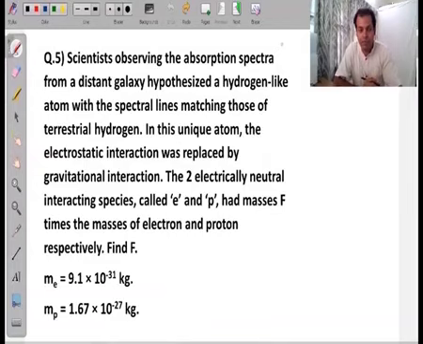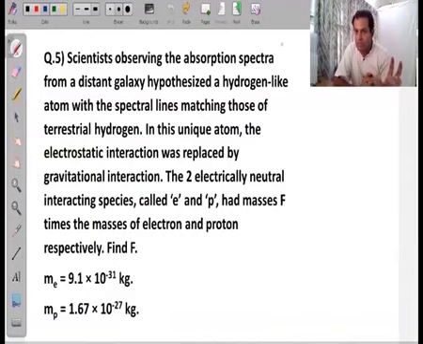Let us see. In this unique atom, the electrostatic interaction was replaced by gravitational interaction. In a hydrogen atom, you have the electron and the proton interacting with each other with electrostatic forces or electrostatic potential. That has been replaced in this unique hydrogen-like system by gravitational interaction.